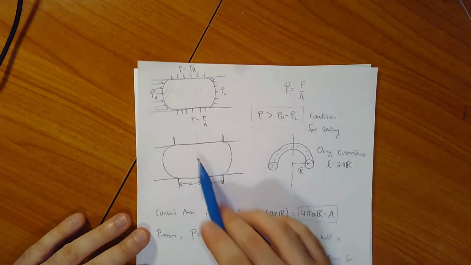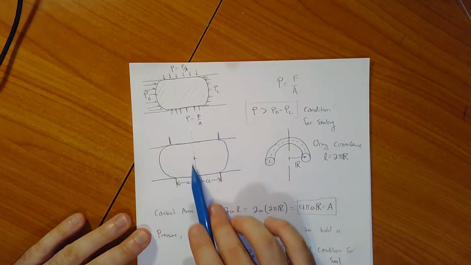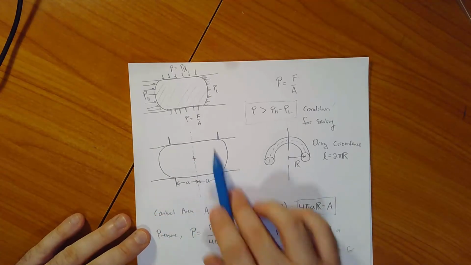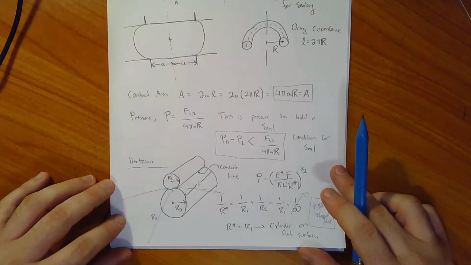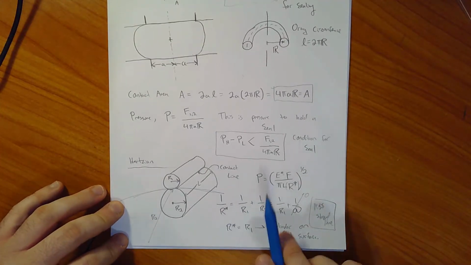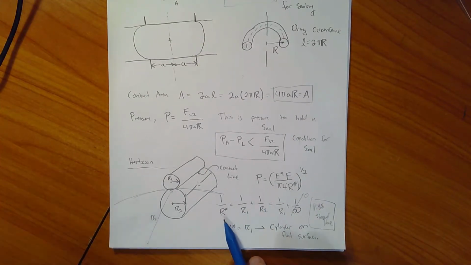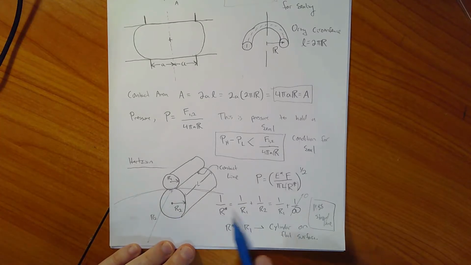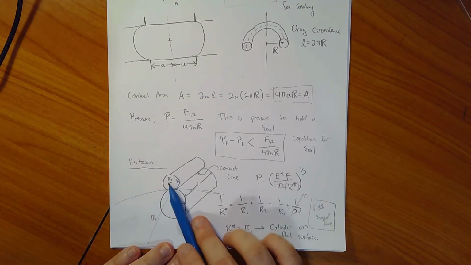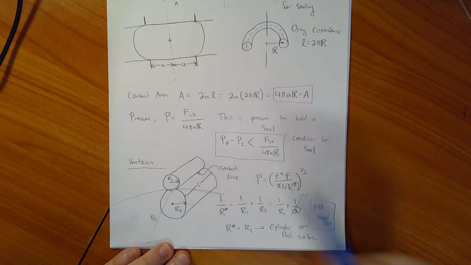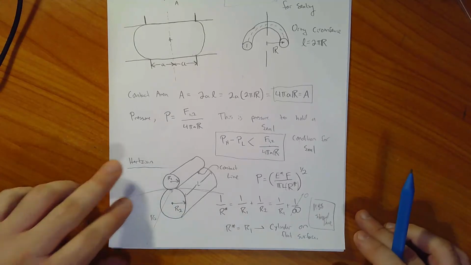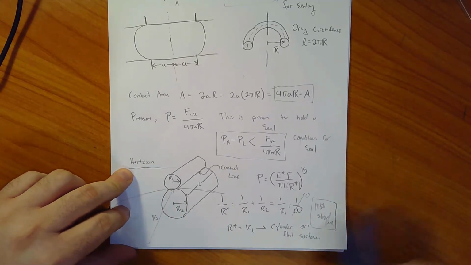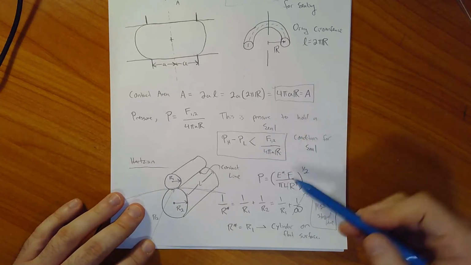We effectively want a cylindrical O-ring being squished against a flat surface, and so that's how we're able to modify the Hertzian contact radius here to get it to be representative of just a cylinder and O-ring on a flat surface, which is what we want. So I got that far, that R star equals R1 for cylinder on a flat surface, and now I need to continue with trying to figure out what E star is.